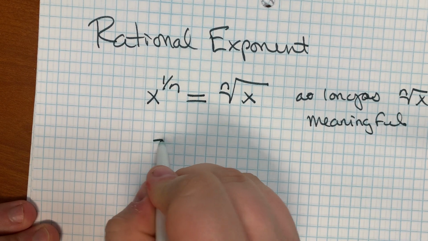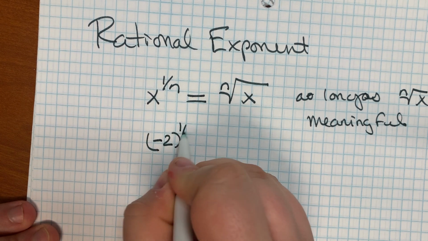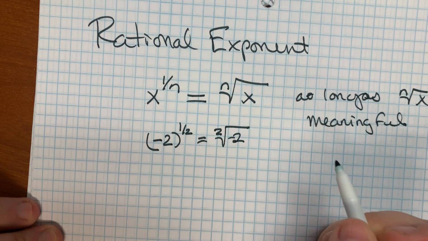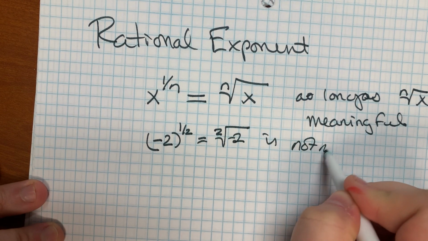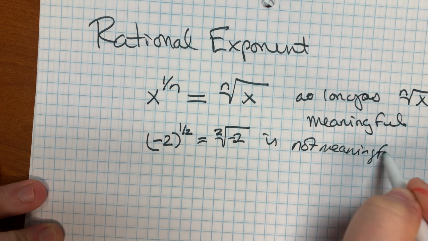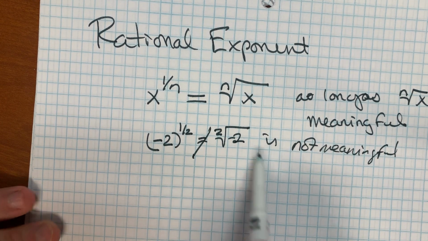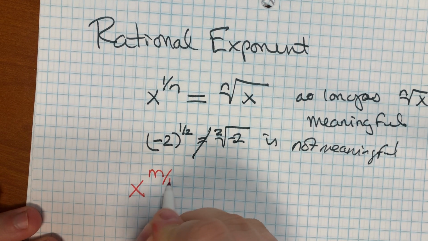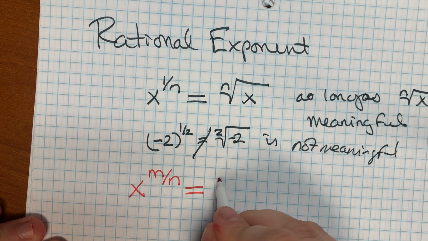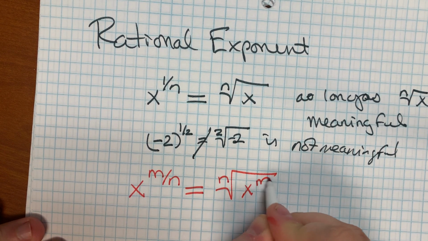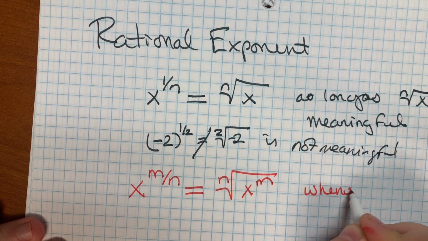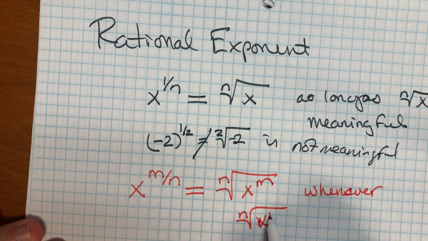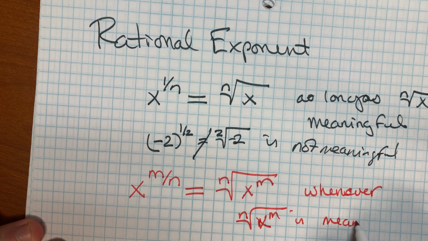So for example, negative 2 to the 1/2 is the square root of negative 2, which is not meaningful. Right, because we can't take the square root of negative 2. And x to the m over n is by definition the nth root of x to the m, whenever the nth root of x to the m is meaningful.